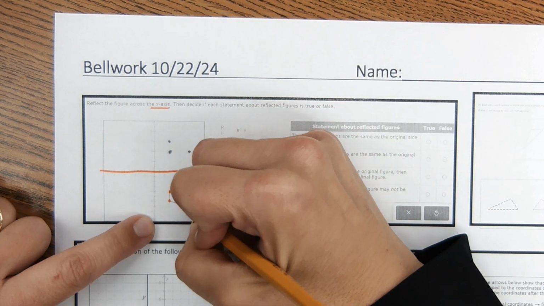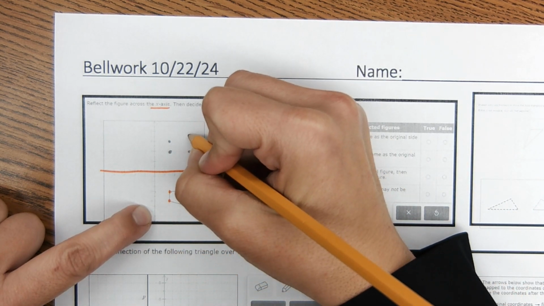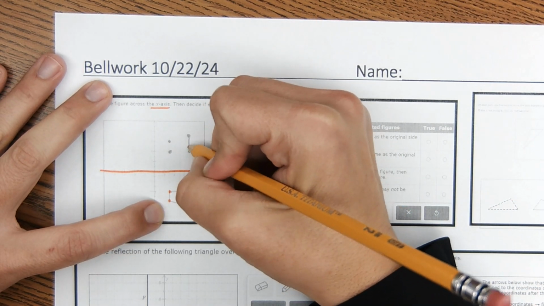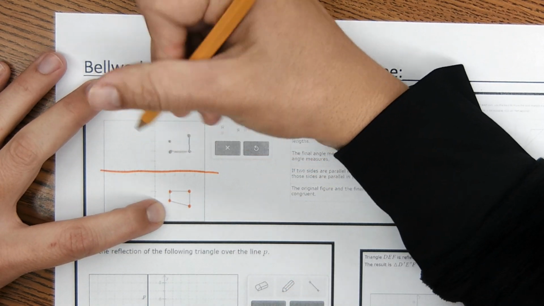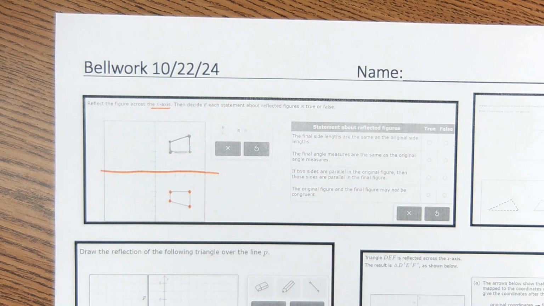And then this point is at -7, so I'm going to put it at +7 up here. And then the last step is to just connect the dots. And so that is our reflected shape.